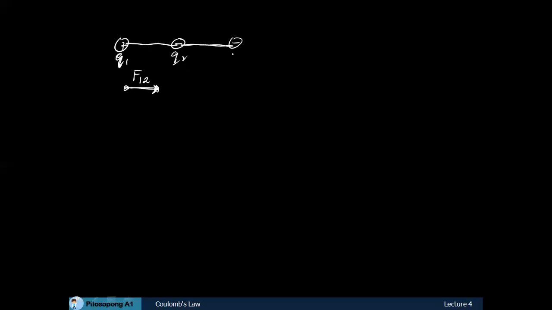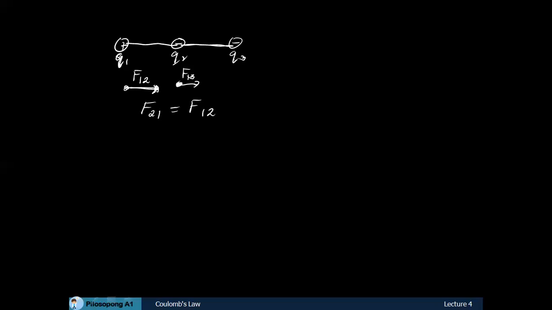How about this one? So how does it affect Q1? Since this is also a negative charge, it causes an attractive force. So that is also directed to the left. Since we already computed for the value of F21 earlier, that will also be equal to the value of F12, but we will change the direction.